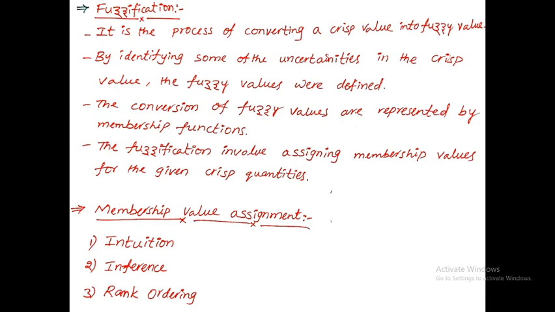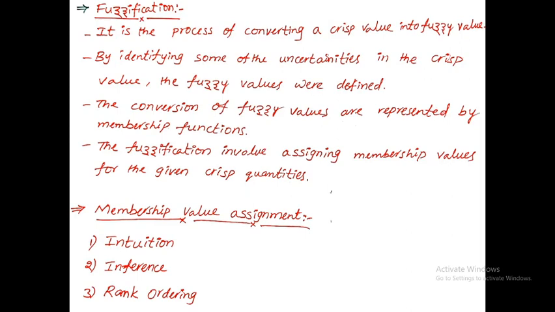Okay, so for the membership value assignment there are very different methods, based on the intuition method, the inference method, the rank ordering method, and even a few other methods like angular fuzzy sets. Here you can represent in angular fashion also, that means in degrees.